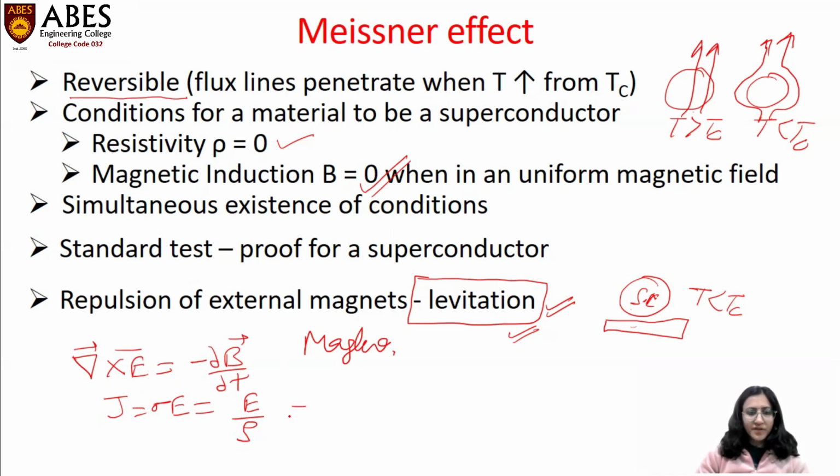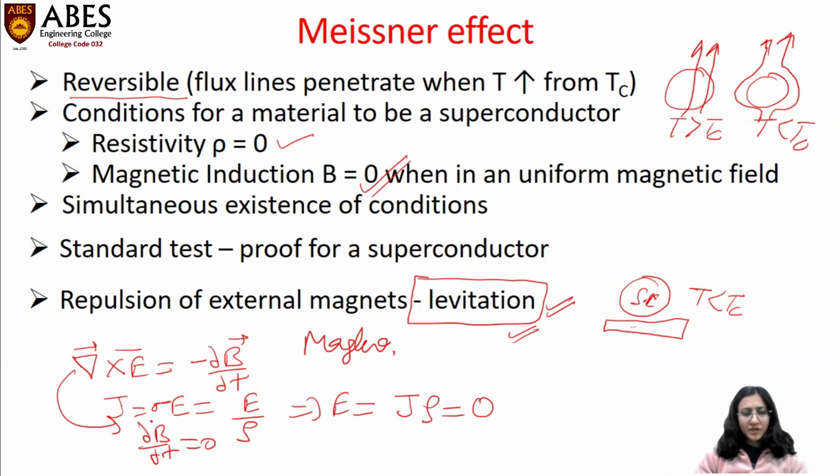So the electric field can be written as J into rho. Now we know that rho is 0, so the electric field is 0. So from this equation, we will have del B by del t equals 0. Now, when any quantity is 0 with respect to its rate of change in time, it means that this magnetic field has to be constant.